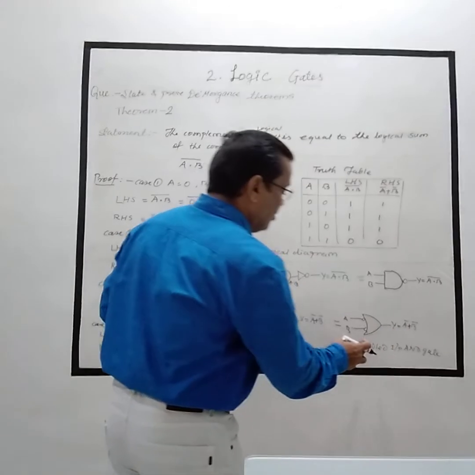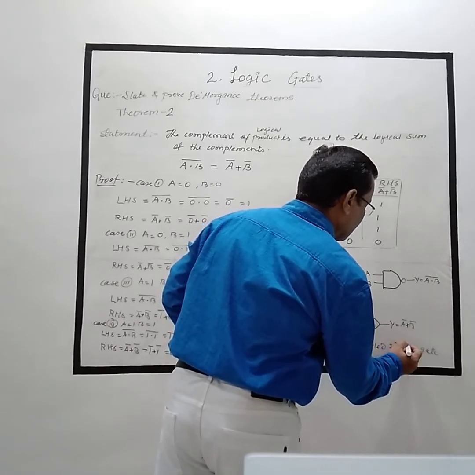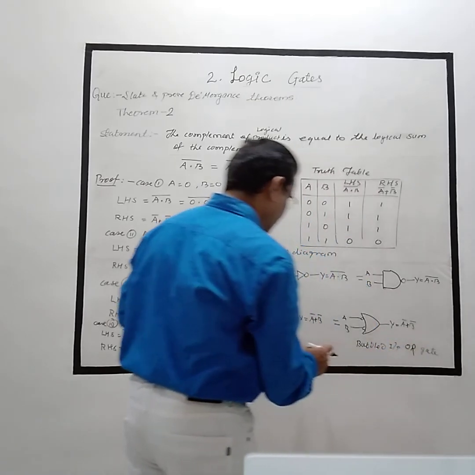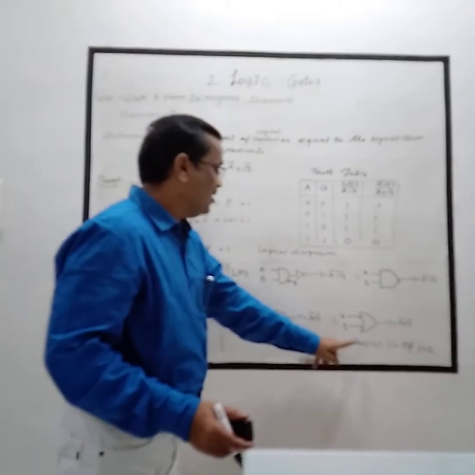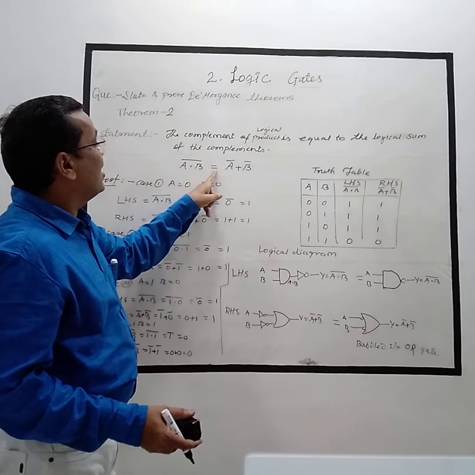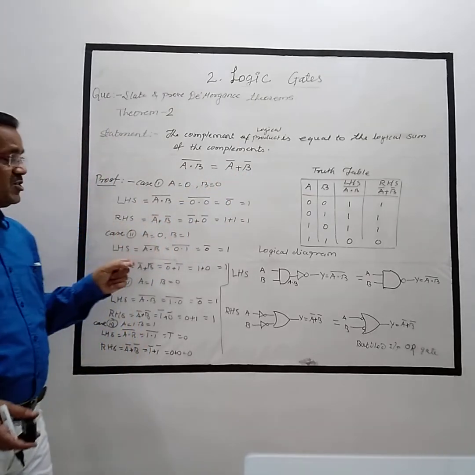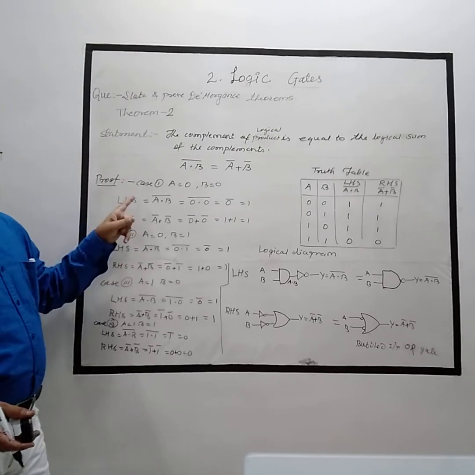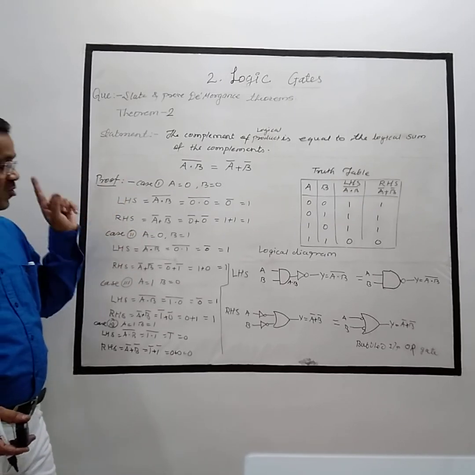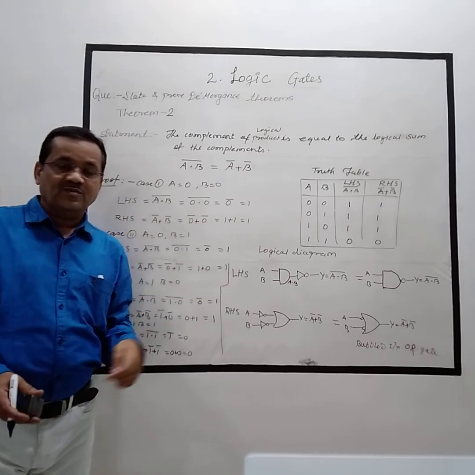See, bubbled input OR gate. That means NAND gate is replaced by bubbled input OR gate. In this way, the two theorems, De Morgan's theorem 1 and De Morgan's theorem 2, are proved. It is enough. Okay, thank you.